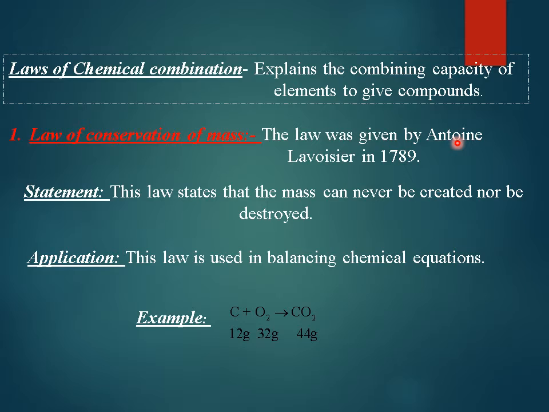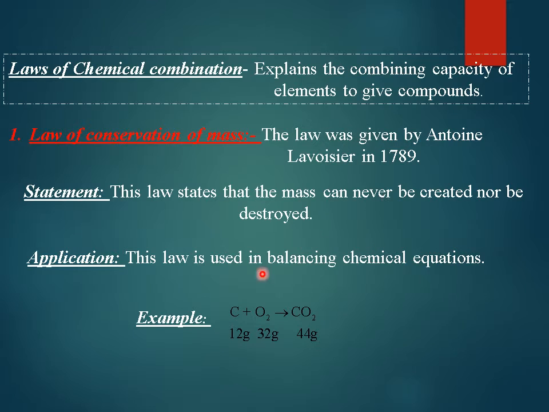This law describes why you need to balance your chemical equations. It states that mass can never be created nor destroyed during a chemical reaction. That is, the total mass of the reactants and the total mass of the products remain the same during a chemical reaction. This was the law of conservation of mass.